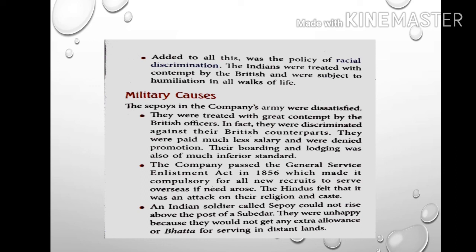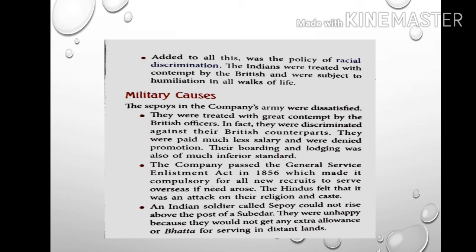So, in these 3 points, we come to know that soldiers were also dissatisfied with British officers. Why were they dissatisfied? Because British officers discriminated against their British counterparts.